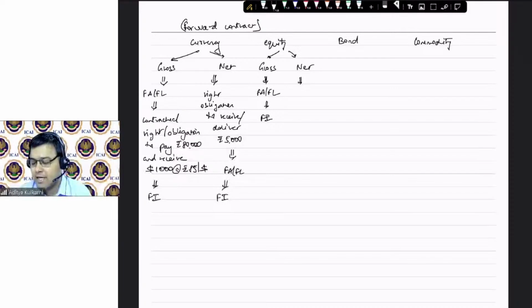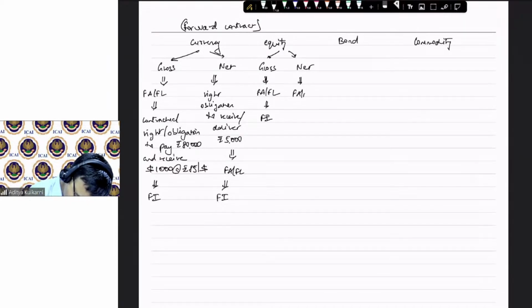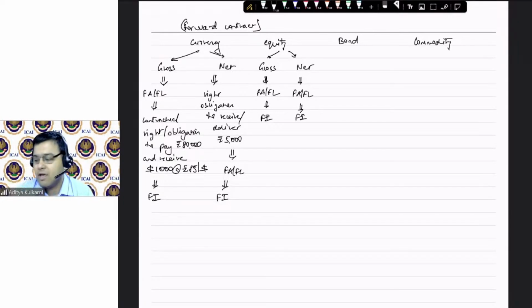So this also meets the definition of a financial asset slash liability, and these contracts become what are known as financial instruments. Okay, so now we have studied equity derivatives, settled gross or net, and currency derivatives, gross or net. All of them are financial instruments.